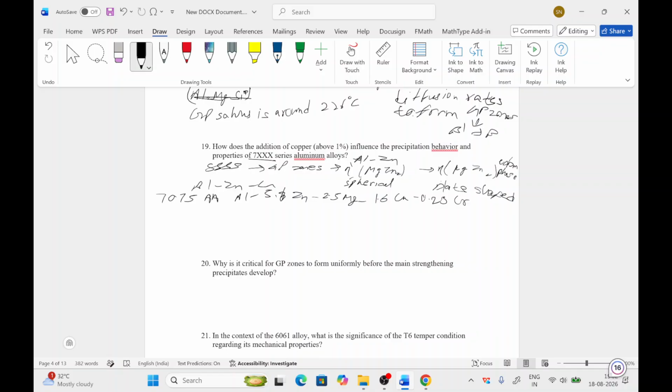If we add more than 1% copper, in aluminum the maximum solubility of copper at room temperature is only 1%.